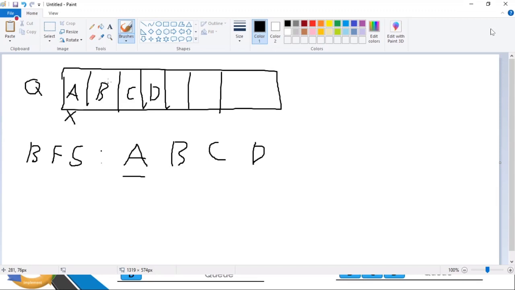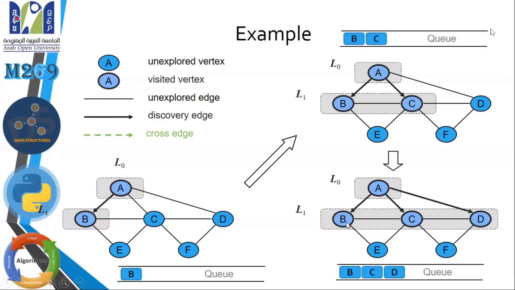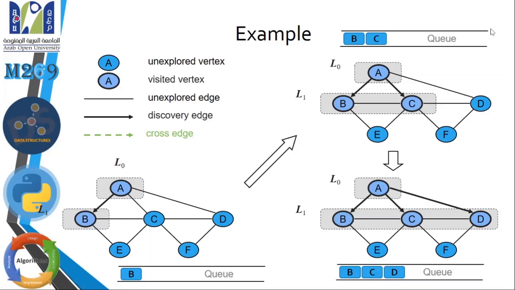What are the neighbors of B? Forget about A now. It's not in the queue anymore. B now. B is our target in the queue. So what are the neighbors of B? You can see it now. A, C, and what? E. A, C, E. A already visited.